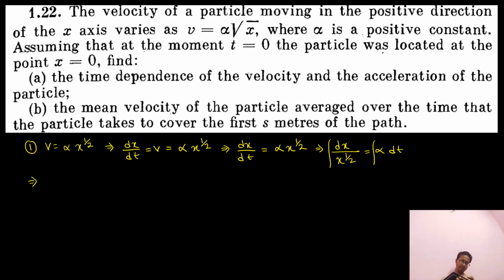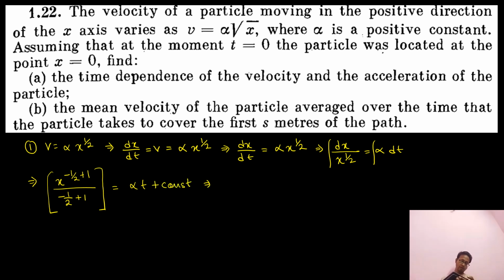If I integrate dx by x to the power 1 by 2, I get x to the power minus 1 by 2 plus 1 divided by minus 1 by 2 plus 1, equals alpha into t plus some constant.